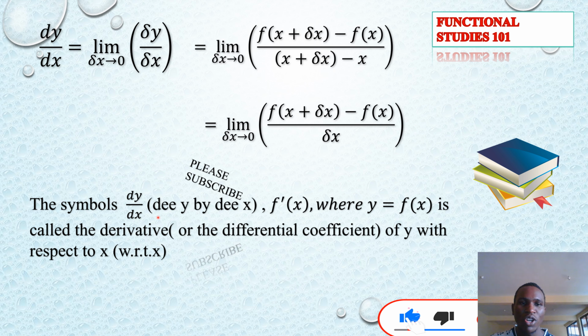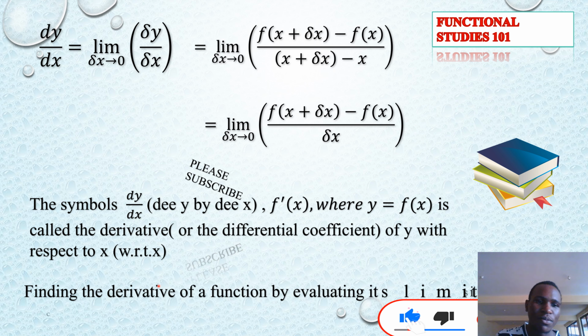So this function that you see here, dy on dx, is called the derivative of y with respect to x. It's also known as the derived function or the differential coefficient of y with respect to x. Make sure you get it. If not, you will face problems ahead.